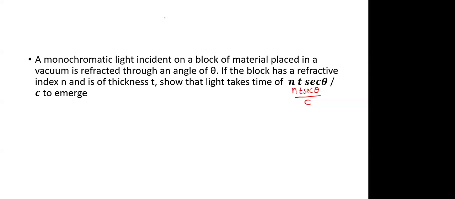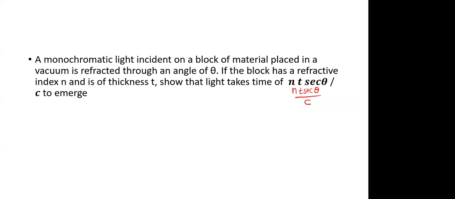It means light of one wavelength. That's the meaning of monochromatic light, because you know that light is composed of different colors. So if you don't use monochromatic light, different colors can be dispersed. So in order for us to obtain one color, we always use monochromatic light.